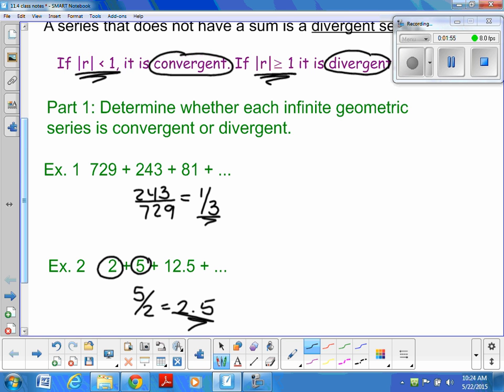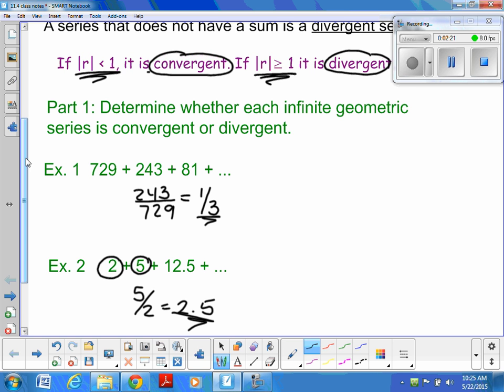Converge, if you look it up in the dictionary, means it gets smaller and smaller. These numbers are getting smaller and smaller, aren't they? 729, 243, 81. What's happening to these other numbers? They're getting bigger and bigger. So if your series is getting smaller and smaller, it's called converging. If your series is getting bigger and bigger, it's called diverging.